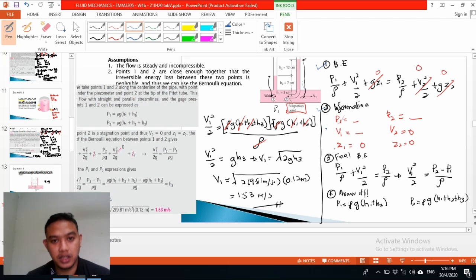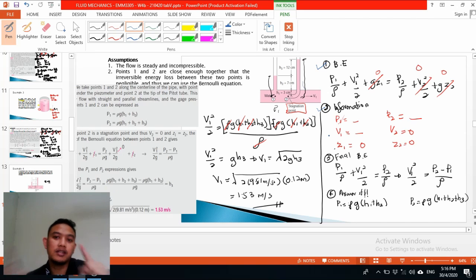For example, velocity: if it is a starting velocity like a tank, there is no movement, so V1 we can assume is 0. And Z is related with the distance. So if your Z1 is your datum, Z should be equal to 0.